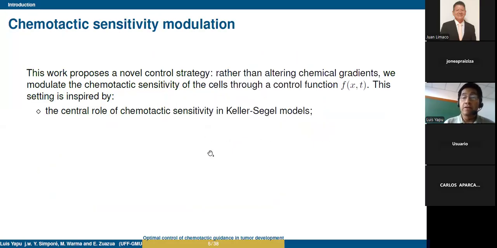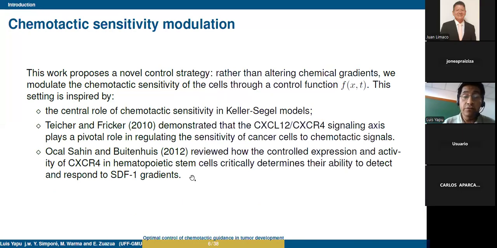There are some studies also in the medical literature where they state that the controllability of the sensitivity, that function f, is important. So it could be interesting also in applications.